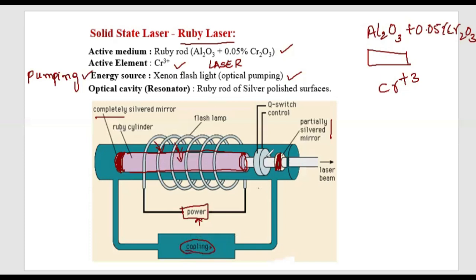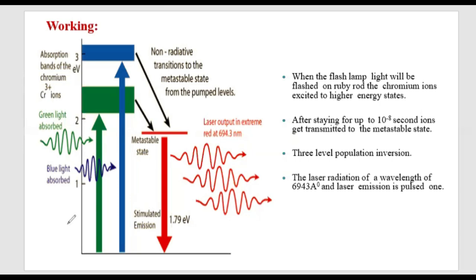And let's see the energy level system. The Cr3+ ions absorb the energy from the xenon lamp, and they absorb two types of wavelengths: one, 4200 angstroms, which is blue color, and the other, green color, 5600 angstroms. So it excites to two different energy levels.